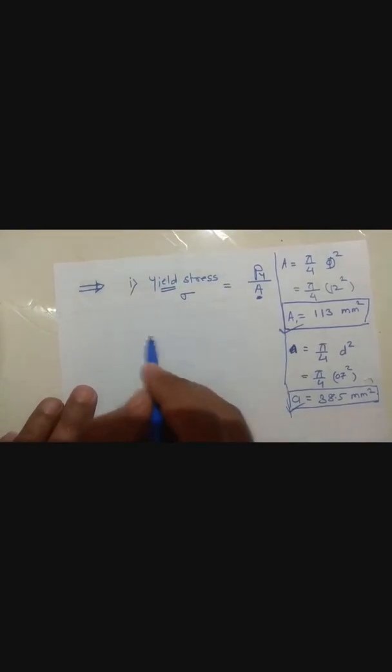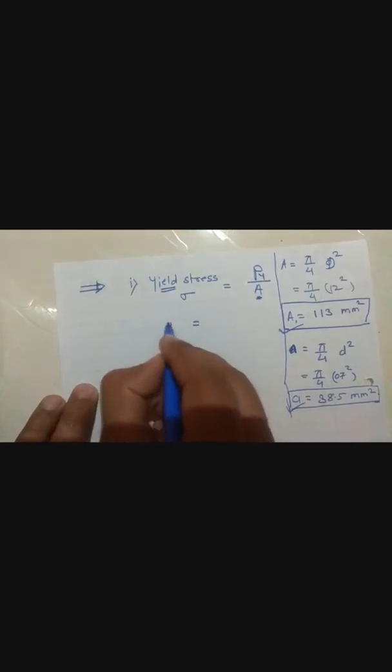Now we have both quantities, that is capital A, the original area, and the second area after applying external load. Now we will put area A1, or capital A, or initial area in our formula. So yielding stress becomes 3.4 kilonewton load divided by area 113. Here the load which we have in our problem is in kilonewton, but we have to use it in Newton.